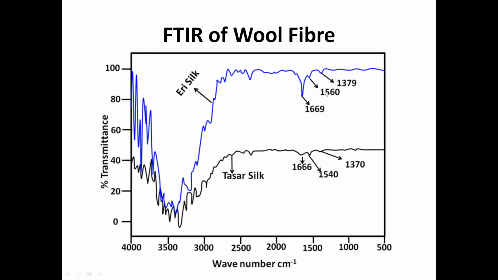Similarly, you get 1560 here, 1540 there; 1379 here, 1370 there. So these peaks are indicating the functional groups or amino acids. The amino acids are the same, but the difference may be due to the degree of orientation or the twisting of those functional groups which are present in two different kinds of silk fibers.